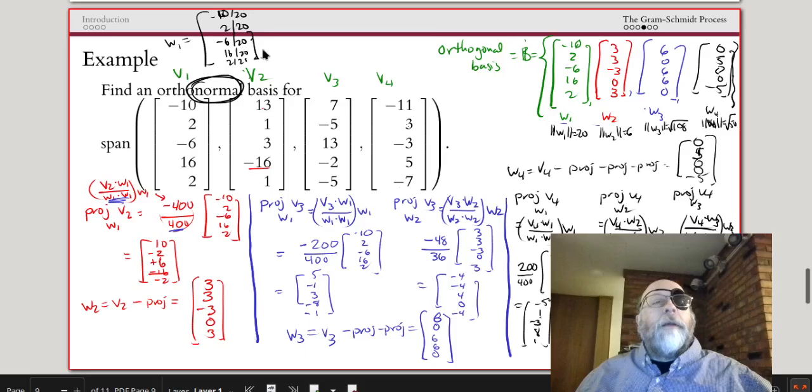All right, second vector. Divide everything by 6, and so we get a bunch of 1/2s. 1/2, 1/2, negative 1/2, 0, 1/2.